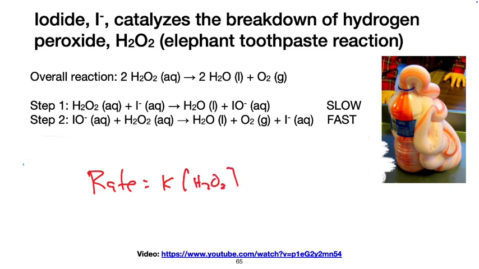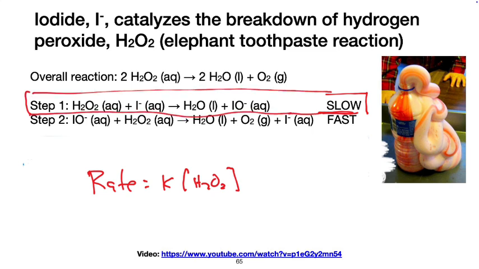Concentration of O2 to what power? First power. Why? Because when we look at the rate for this reaction, it is dictated by the slow step, and the slow step is our first step, which means the rate for the reaction is now going to become rate equals H2O2 to the first power. Are there any other reactants? Yeah?